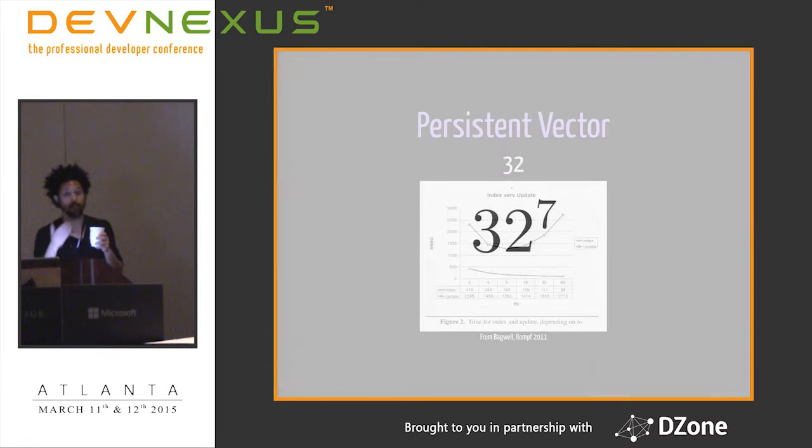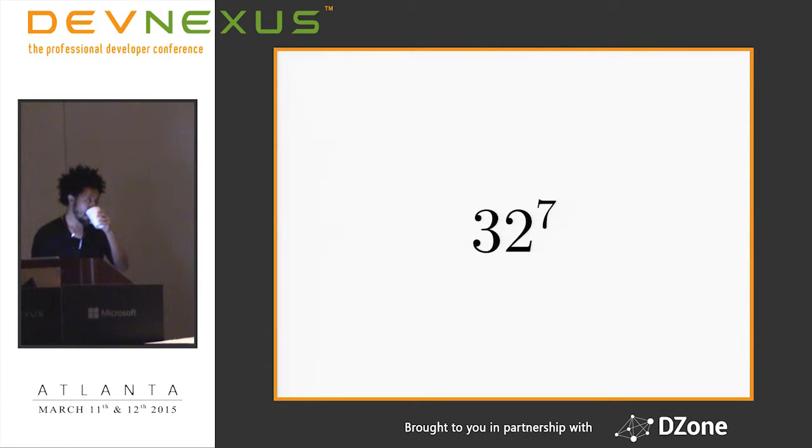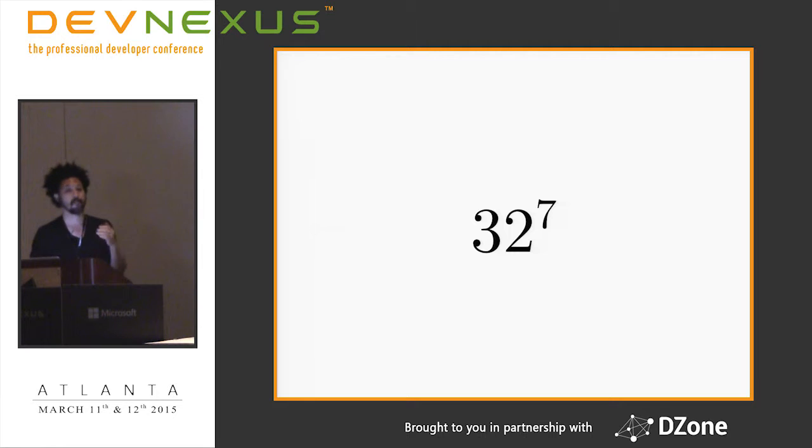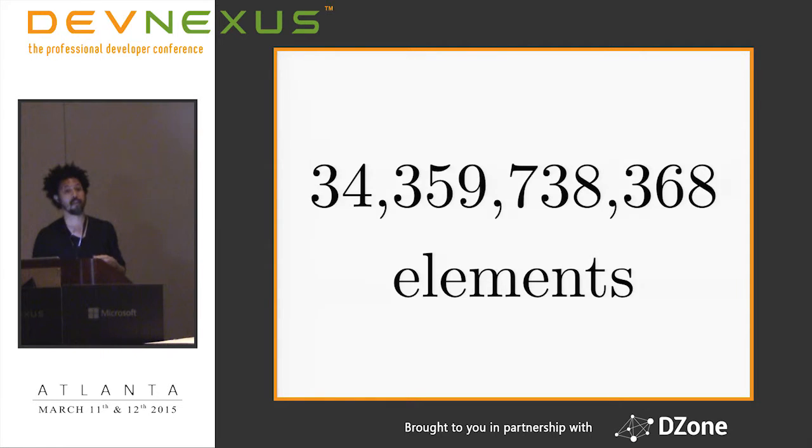To give you a sense of how nice that wide branching factor is, if your persistent vector was 7 levels deep, meaning that to find anything, it would take 7 hops, or to update anything, you would need to clone and replace 7 arrays, that's 34 billion elements. Even on a 64-bit VM with 64-bit pointers in each location, if this was a flat mutable array, this is 256 gigabytes of RAM.